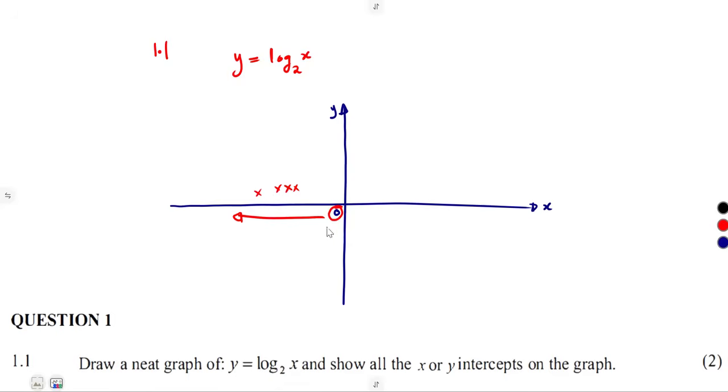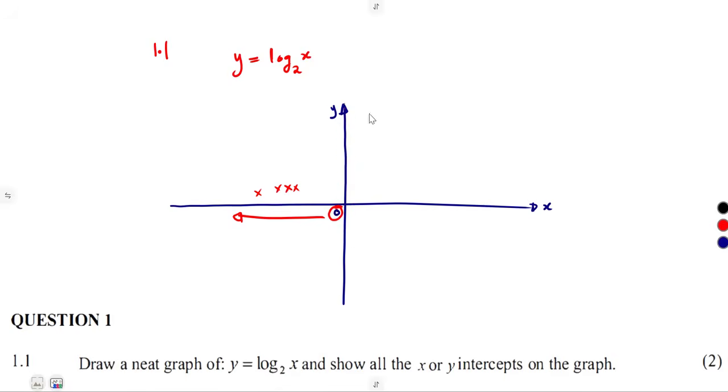So our y-axis in actual sense is an asymptote. It is a limiting line which our graph cannot pass. It cannot pass the y-axis. So we do not have the y-intercept. It cannot reach the y-axis in actual sense. So there is nothing about the y-intercept.